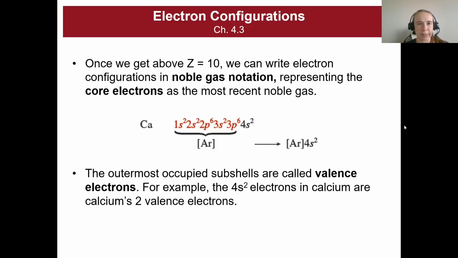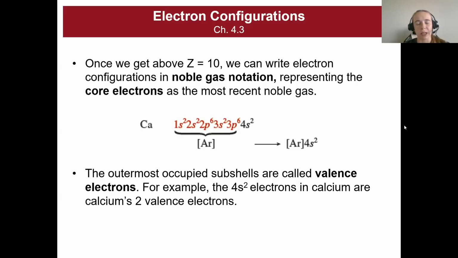They wait until they get to neon. But your book basically just says when we get to such long electron configurations that we don't want to write them anymore, we represent those electron configurations in noble gas notation.